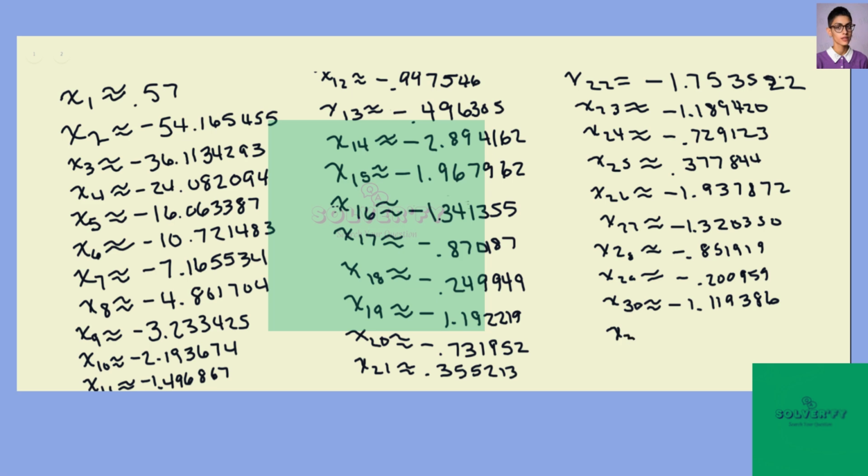X sub 31 goes back down to negative 0.654291. X sub 32, 1.547010. I'm going to go to the next page.